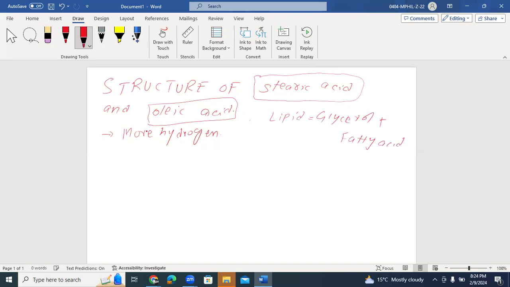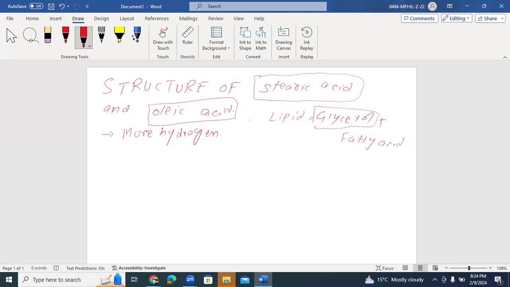All lipid molecules are commonly formed by these two components. Now glycerol is the same everywhere. It is not going to change anywhere in lipids.